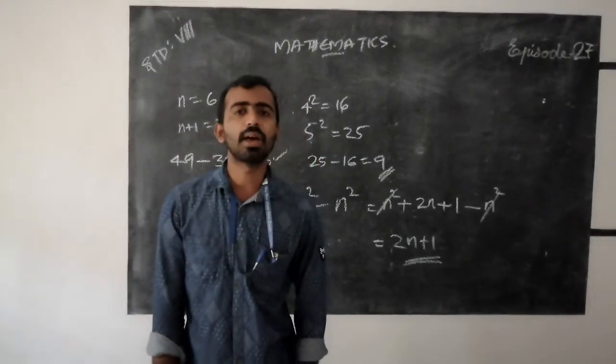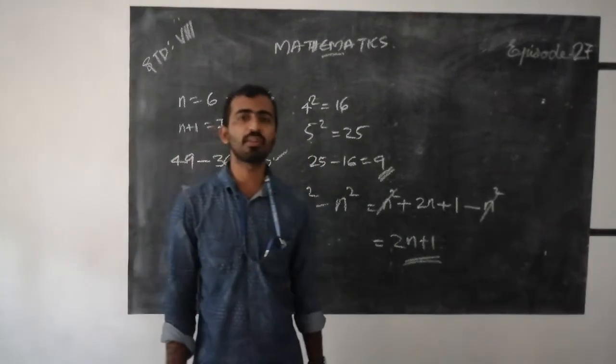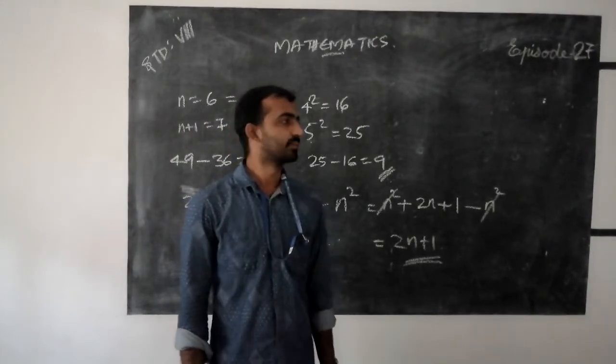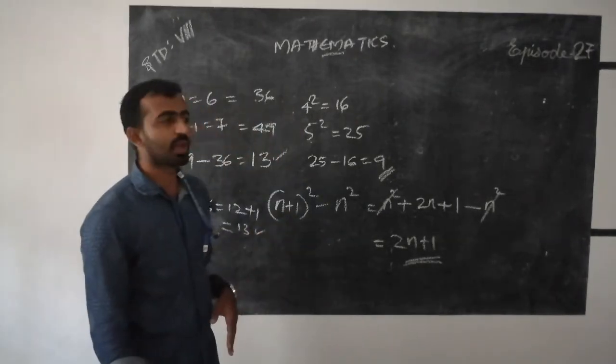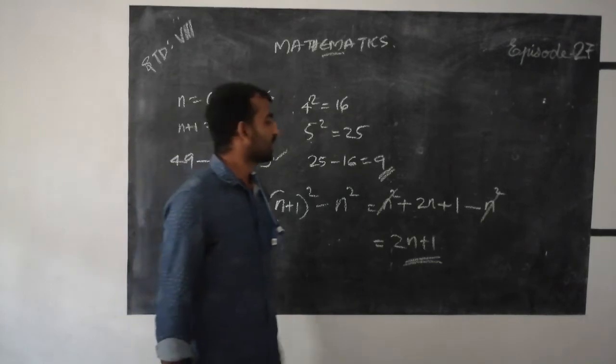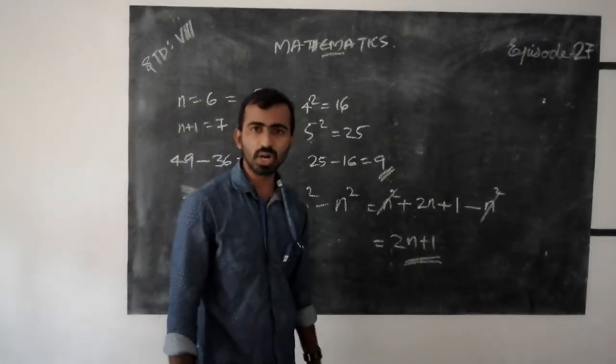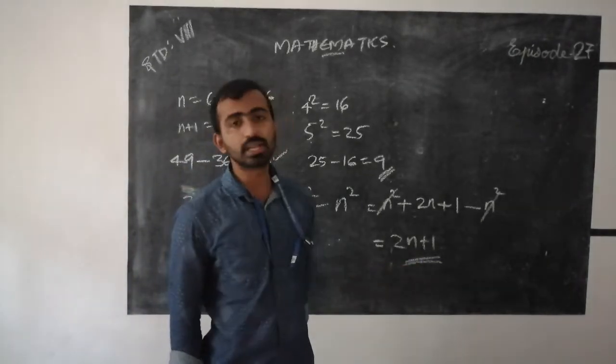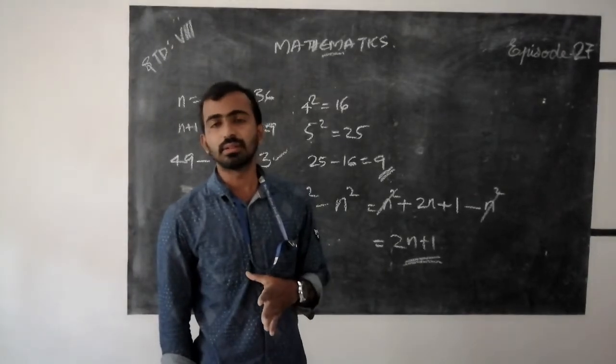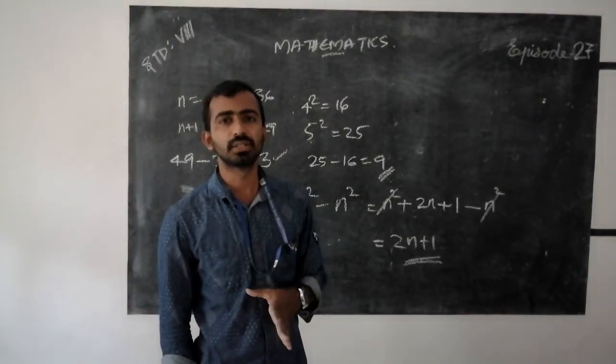That is another general formula: (n plus 1) whole square minus n square is equal to 2n plus 1. We checked that, it is right.